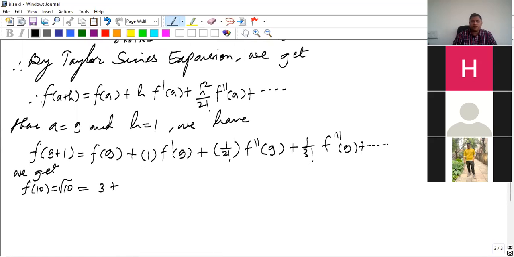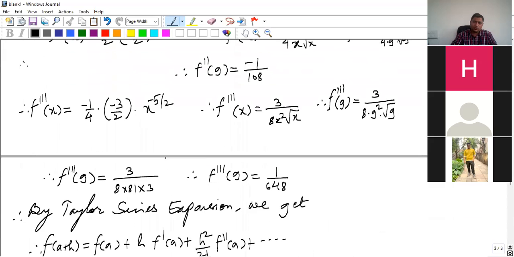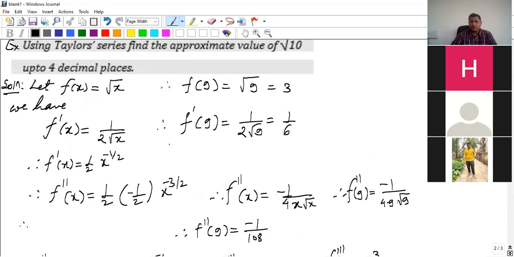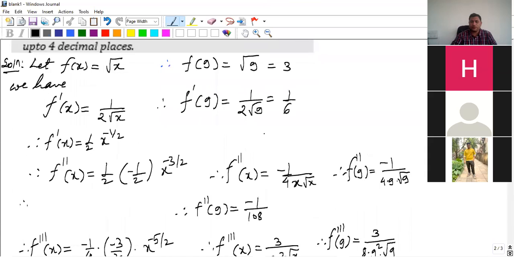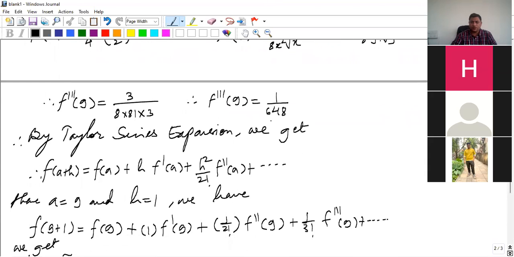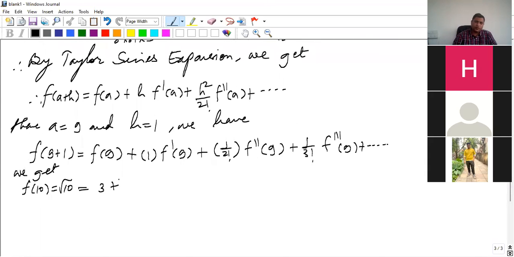So it is going to be 3 plus f dash of 9. So what we can see f dash here is going to be 1 by 6. So we can write here 1 into 1 by 6 plus 1 by 2 factorial.